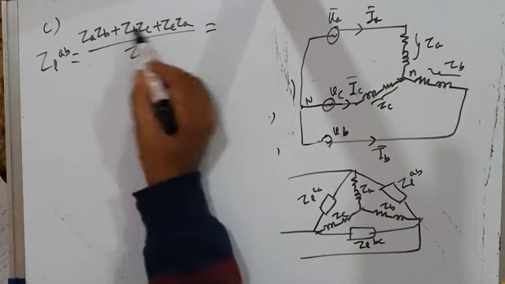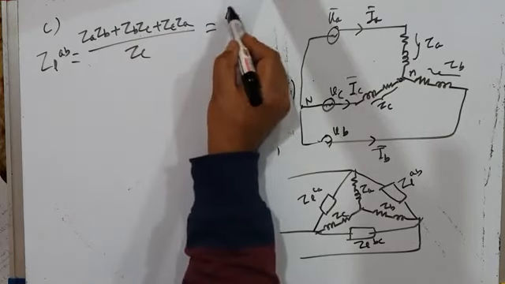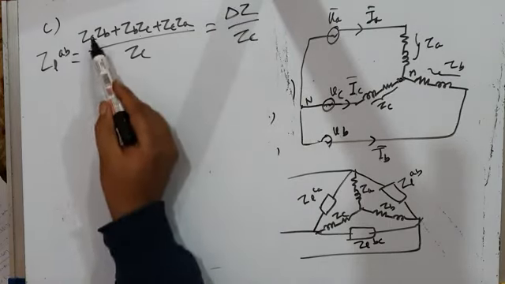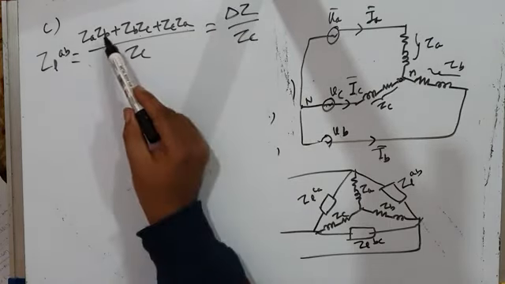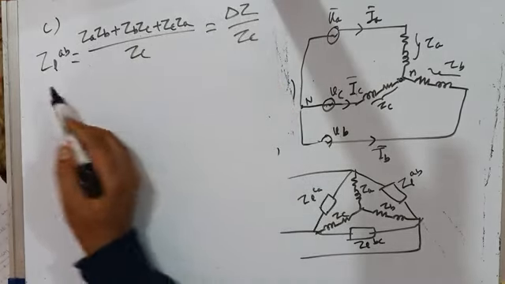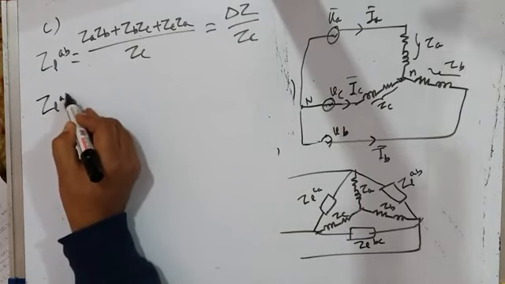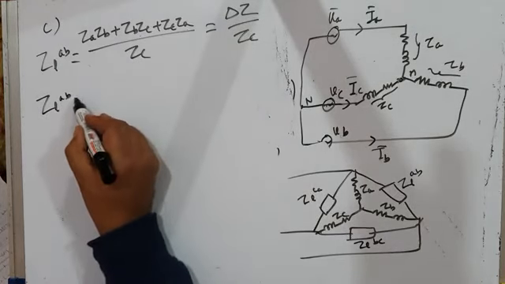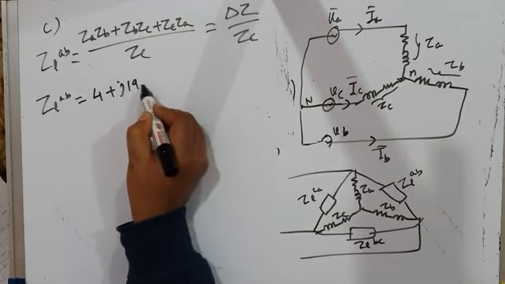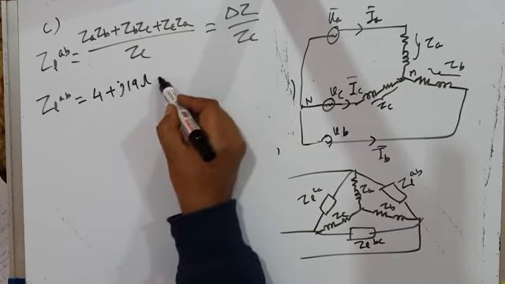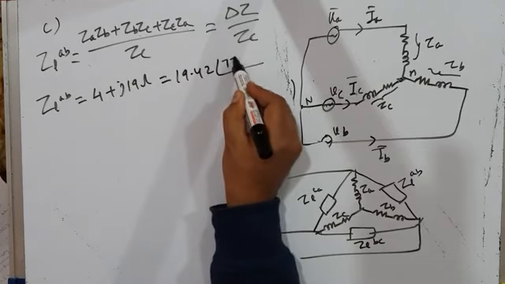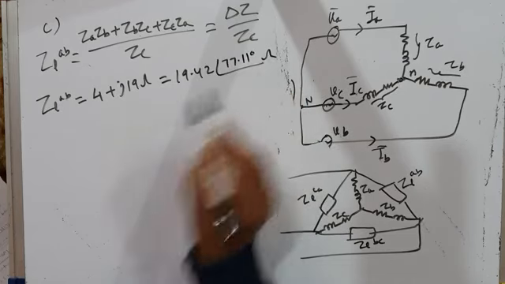Let us call ZA ZB plus ZB ZC plus ZC ZA as delta Z. So it is delta Z by ZC. ZA, ZB and ZC are given in the problem. Substitute here and find ZLAB. I have already substituted. As per my calculations, it comes out to be 4 plus J19 ohms in rectangular form. In polar form, it is 19.42 at an angle of 77.11 degrees ohms.